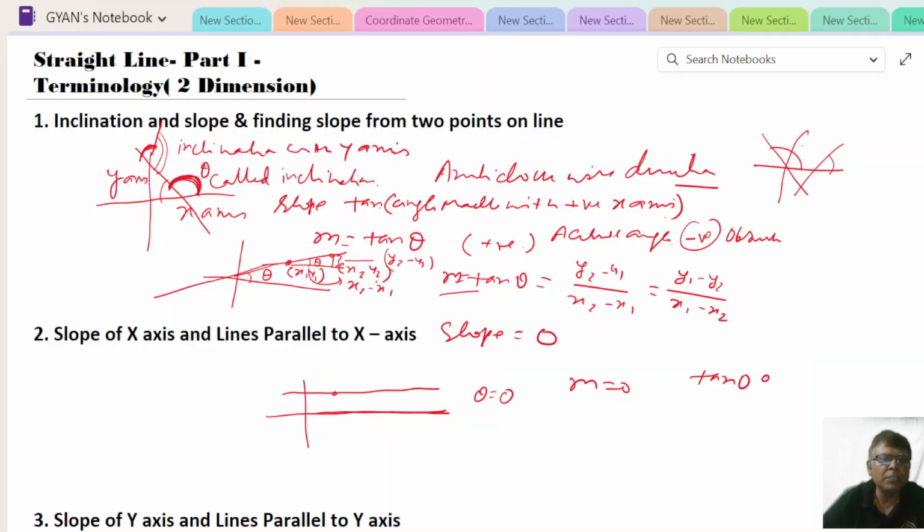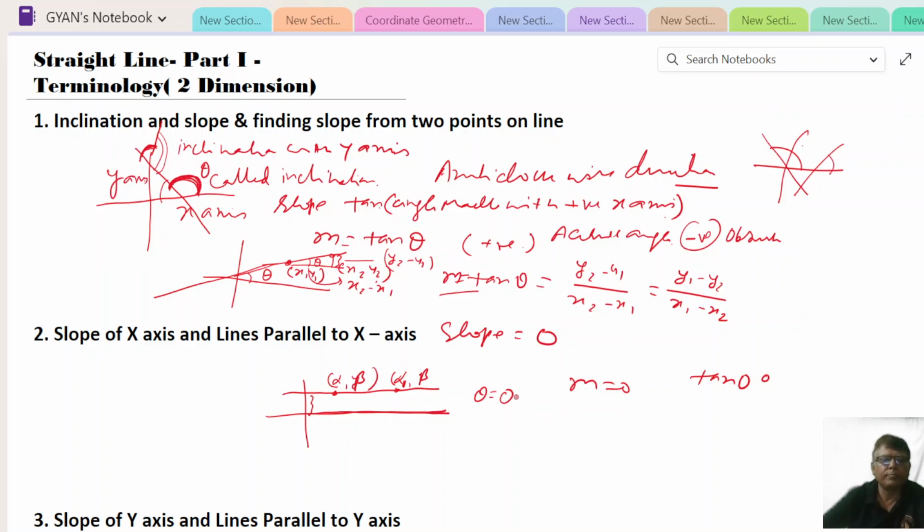One thing you see: if you take 2 points, the y coordinate will always be the same. Suppose these are (alpha, y) and (beta, y).